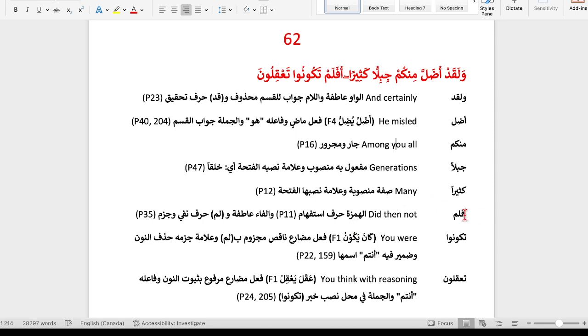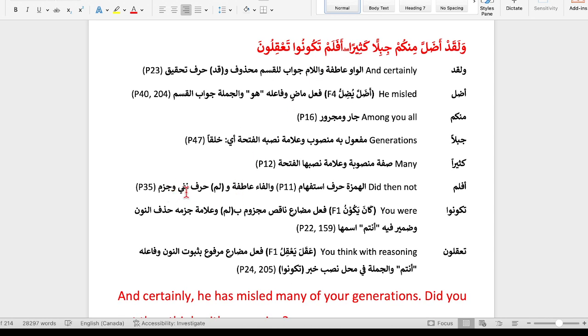Afalam. Al hamza is actually harfu istifham, a particle for questioning, used for questioning, and fa is harfu atfin, lam is harfu nafi wa jazm. So lam will make the fi'l mudare majzoom.